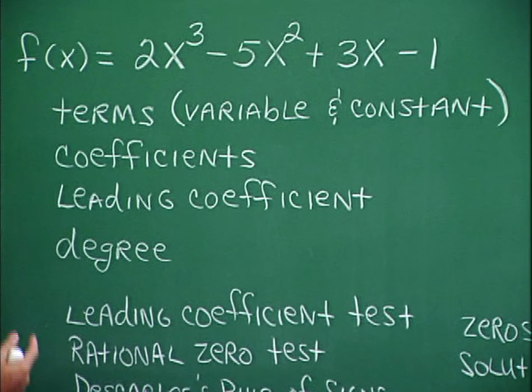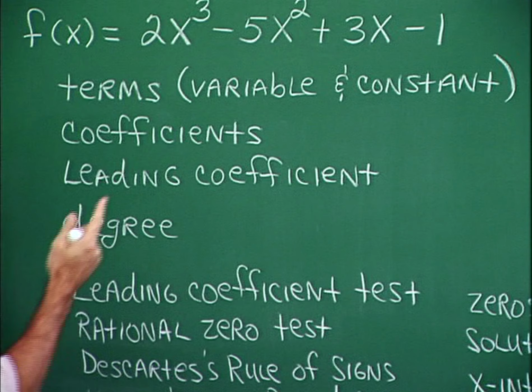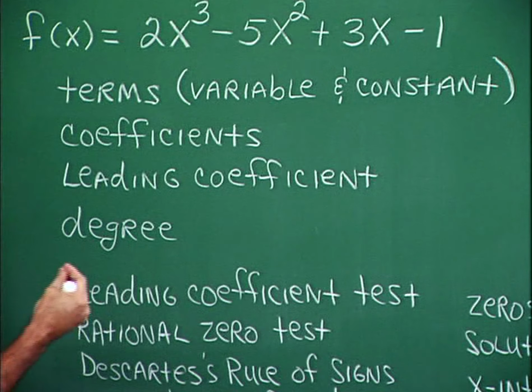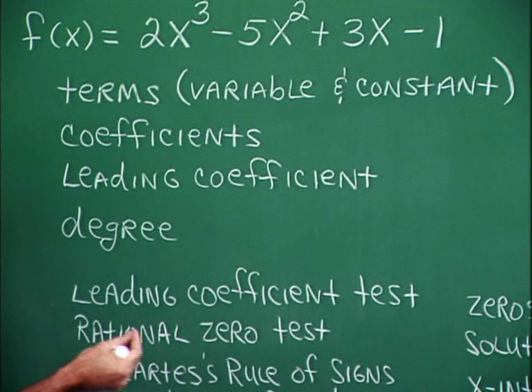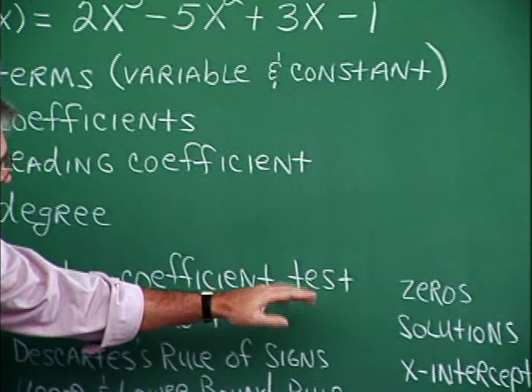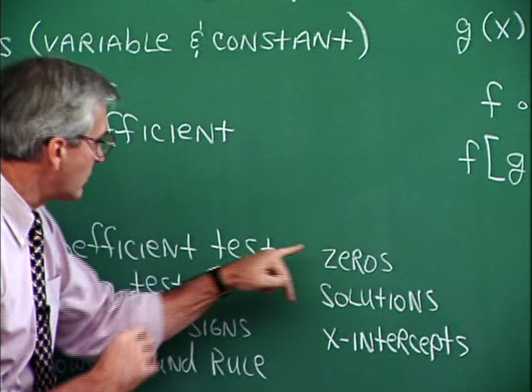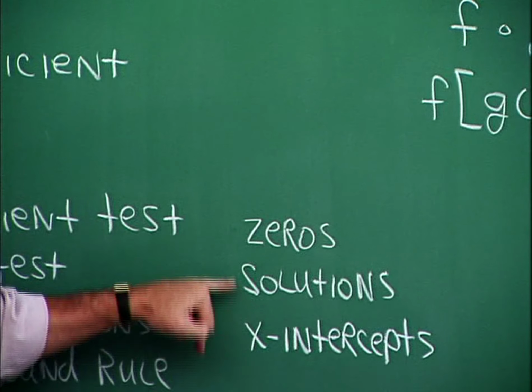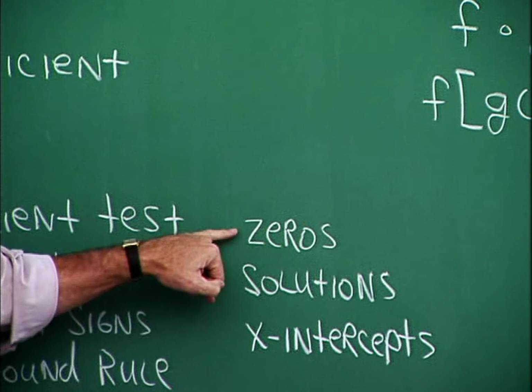Let's jump down here. What we did with polynomial functions is a lot of times we were trying to identify the zeros. Let's look at it. You talked about zeros, you talked about solutions, you talked about x-intercepts, and these are pretty much interchangeable parts.